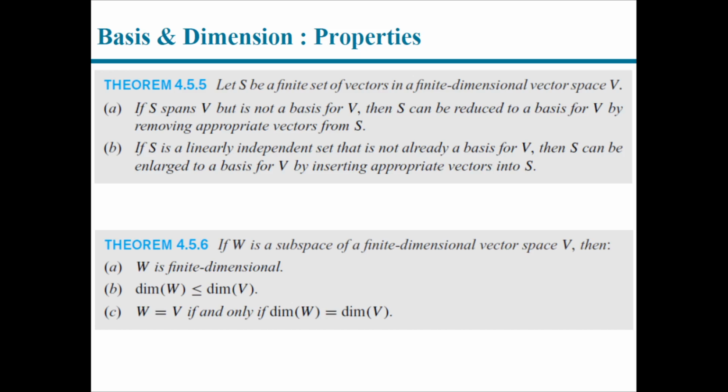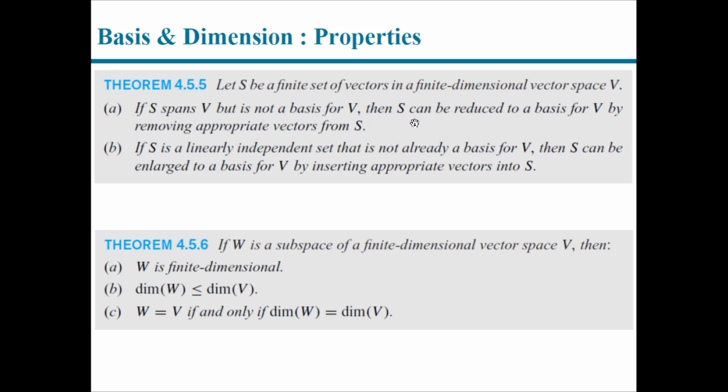They say if S spans V, that means V is the span of S, which means V is the linear space generated by all linear combinations of people from S. But S is not a basis. It generates the entire space, but it's not a basis.